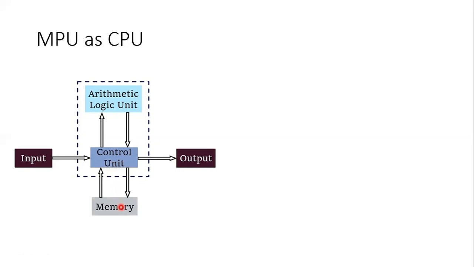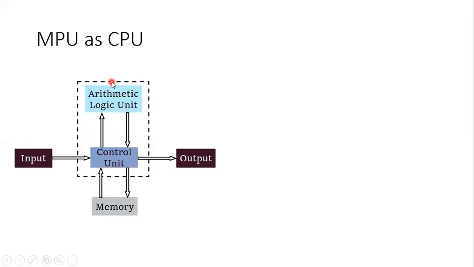Suppose the data in the memory is used to perform arithmetic calculations. The control unit fetches the data from the memory and performs the particular arithmetic operation. Then, after completion of the operation, suppose we want to send the result to the output unit. That is also done by the control unit.